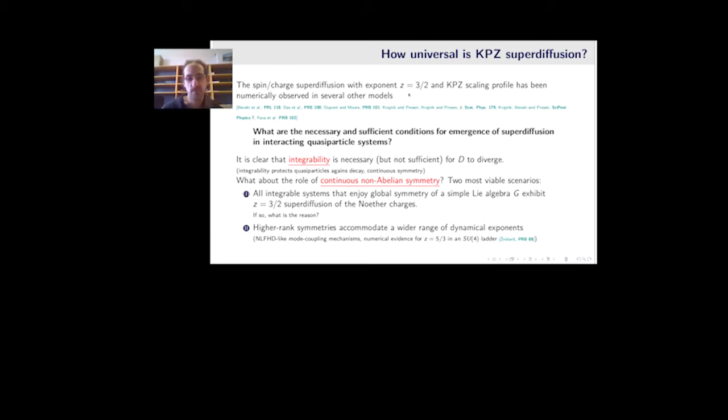So at this point, there was a good moment to conjecture that there is some universality behind this in integrable systems. But it still wasn't really clear what are the necessary and or sufficient conditions for the emergence of this type of phenomenon. What was clear is that integrability is important, because if you don't have it, it's gone. But it's not enough, because, for instance, you can take the anisotropic Heisenberg model and it's also already gone.